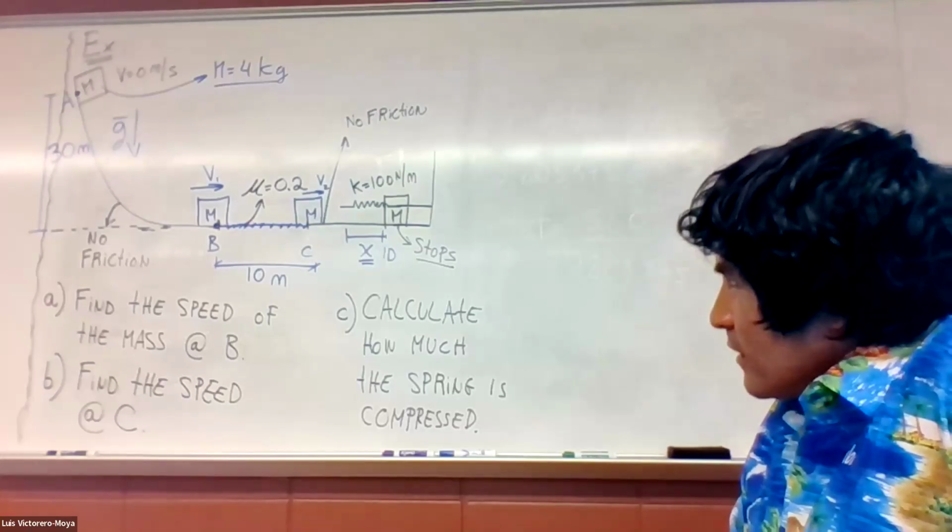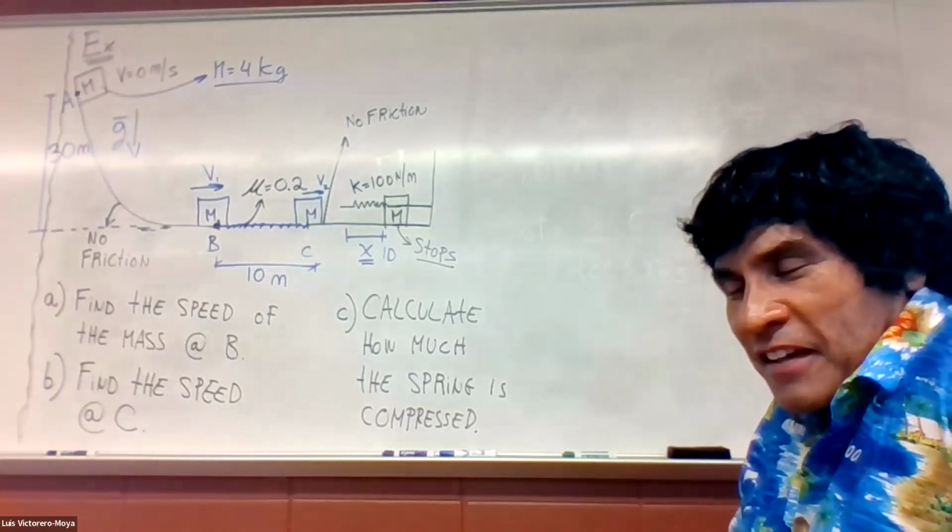Yeah, what is it? I got 24.2. Yeah, good. Did you find the one at C? No, I didn't get there yet. That's okay. I'll let you guys keep working.